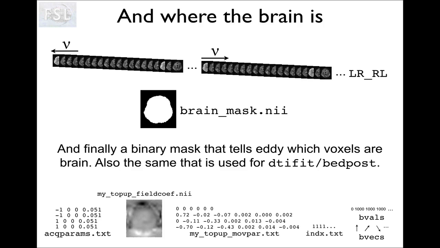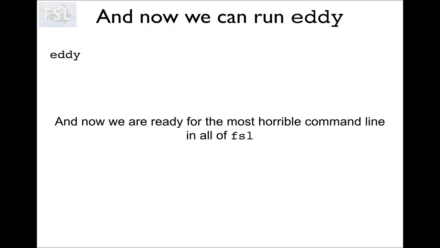Now we have all of these things. We have the acquisition parameters, we have the output from topup, we have our index.txt file, we have the b-vals and b-vecs, we have the brain mask. So now we can finally put these together and run EDDY, the most horrible command line in all of FSL.